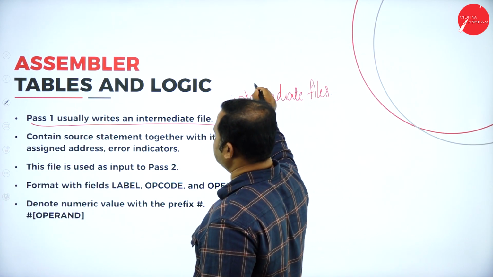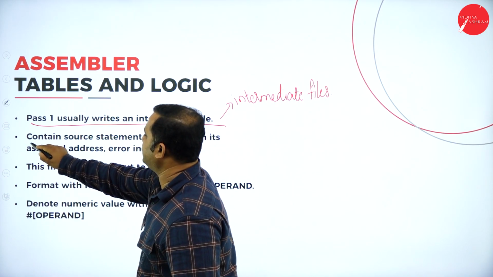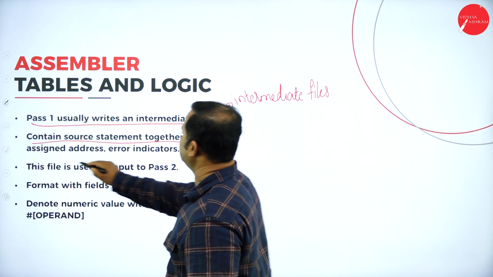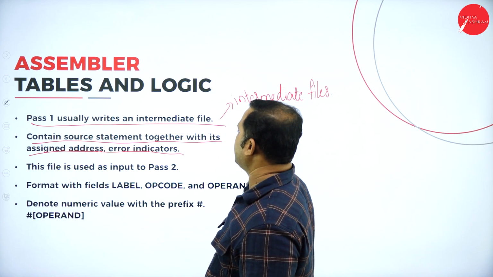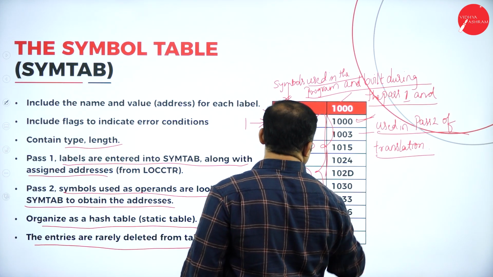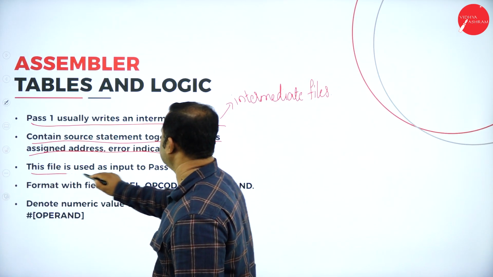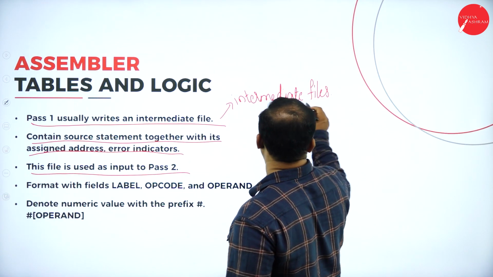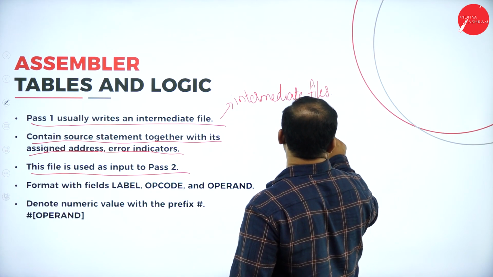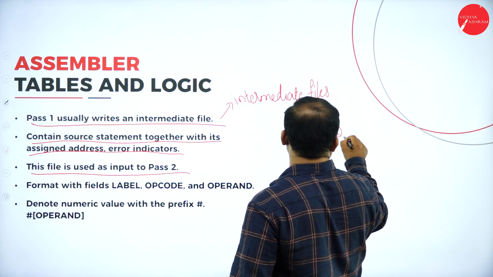These intermediate files are used in the second pass and contain the source statement together with its assigned addresses and error indicators. These intermediate files are used in pass 2.